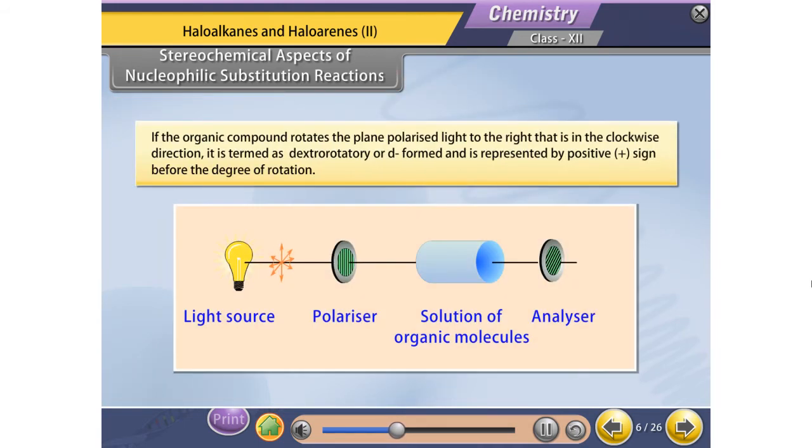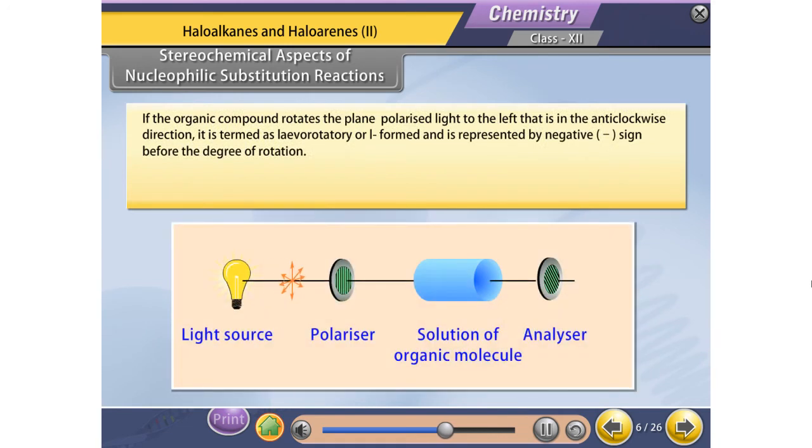If the organic compound rotates the plane polarized light to the right, that is, in the clockwise direction, it is termed dextrorotatory or d-form and is represented by a positive sign before the degree of rotation.